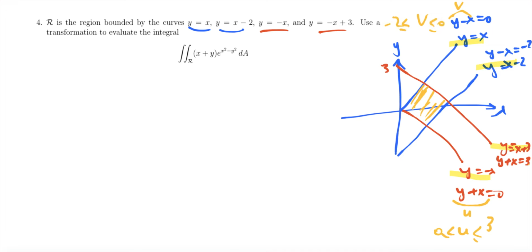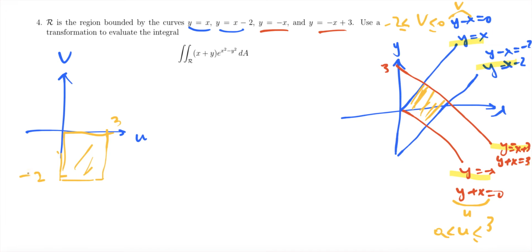So that becomes nicely done in terms of u and v. We will have, again, negative 2 for v and 3 for u, and they both start at 0. So this becomes the region.